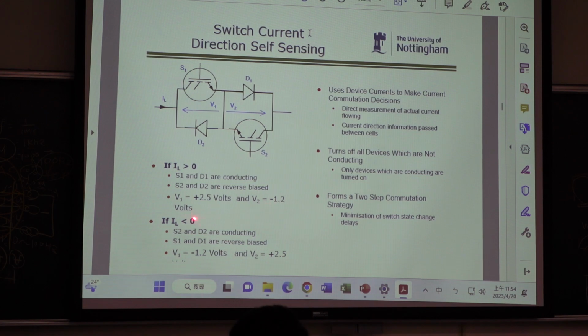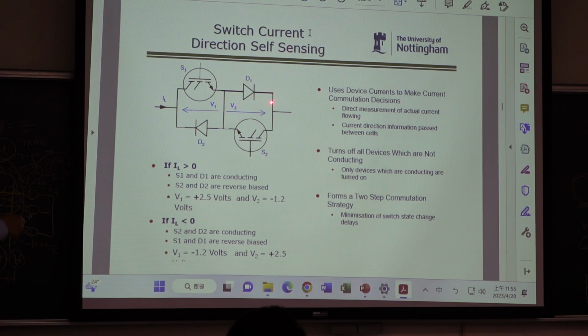So if IL is larger than 0, then we go this way. S1 and D1 turn on. S2 and D2 turn off. How about V1? We have an IGBT voltage drop of 2.5. And this one is 1.2, the diode drop.